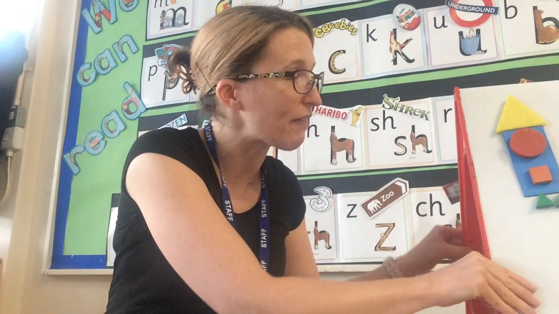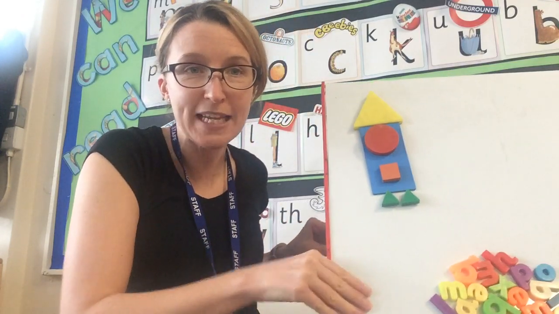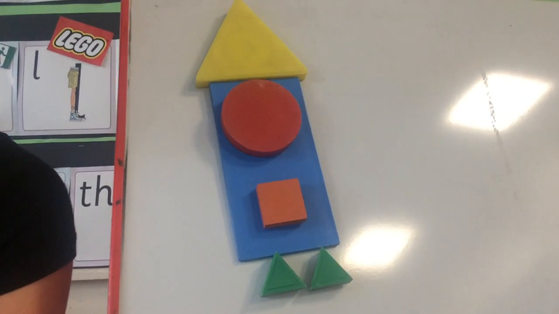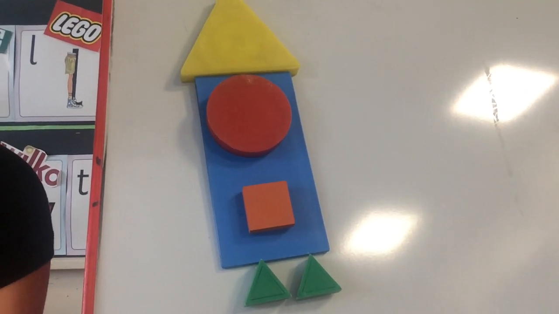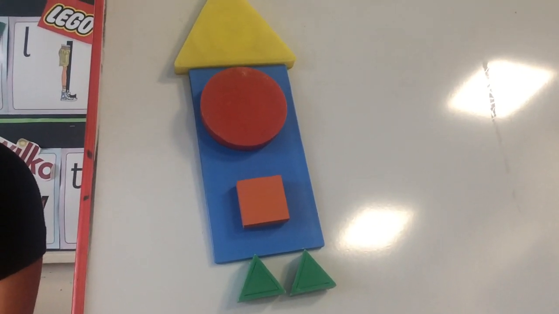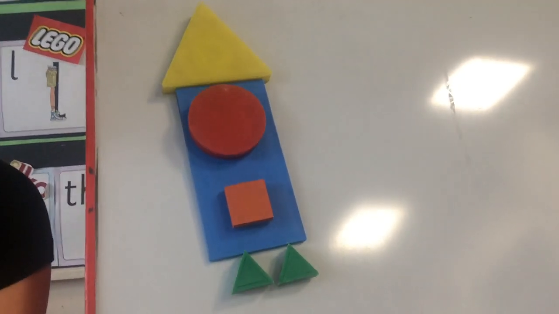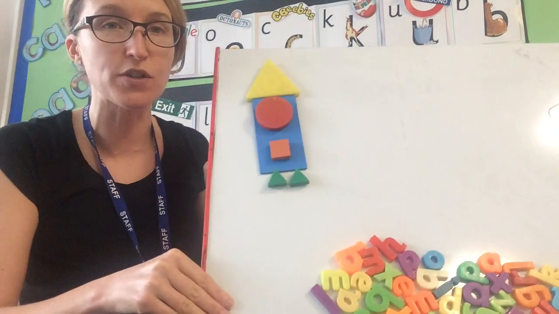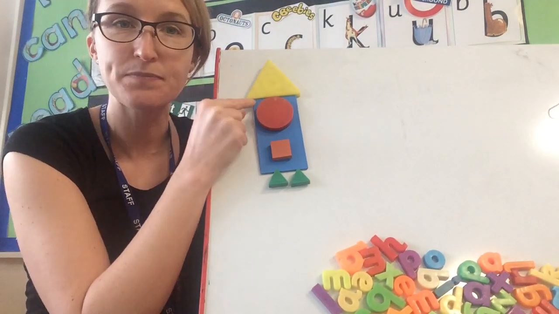Shall I show you my rocket that I made out of shapes? Here we go, I'm just going to move the iPad closer so you can see. So I have made my rocket here using some shapes. At the top of my rocket, in yellow, what shape have I used for the top part of my rocket here?